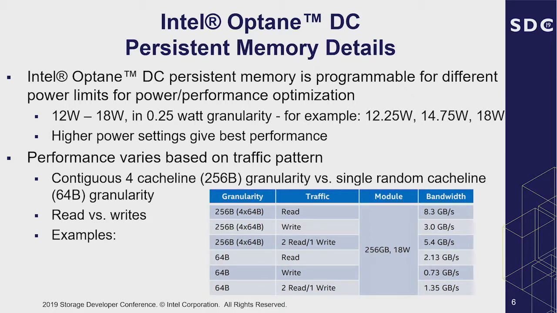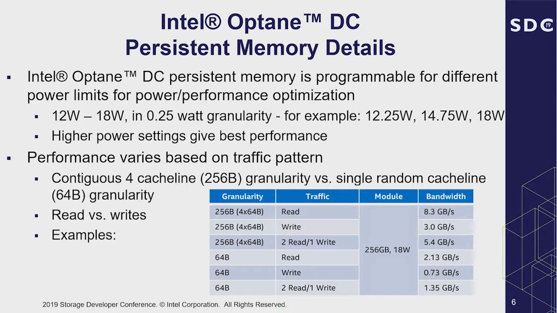I would have to guess it. I don't know what it is. It's not significant going between 12 and 18 watts, but 18 watts is the top performance. So the average power consumption would be around 15 watts for the max case. 18 watts is the max case. I know, but how about sustained power consumption?